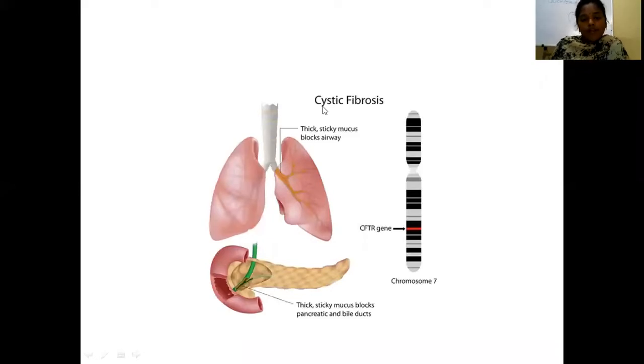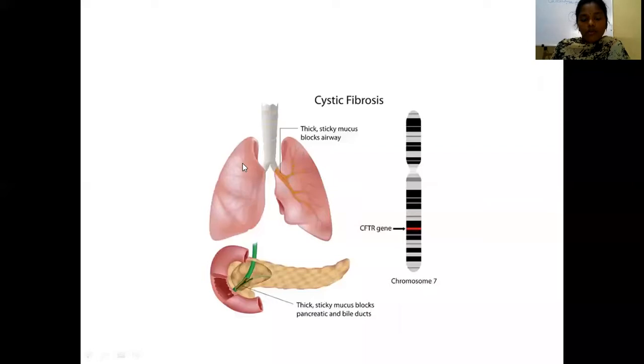See, cystic fibrosis is an autosomal recessive disease involving the cystic fibrosis transmembrane regulator gene on the long arm Q of chromosome 7. Okay, this cystic fibrosis involves bronchioles.